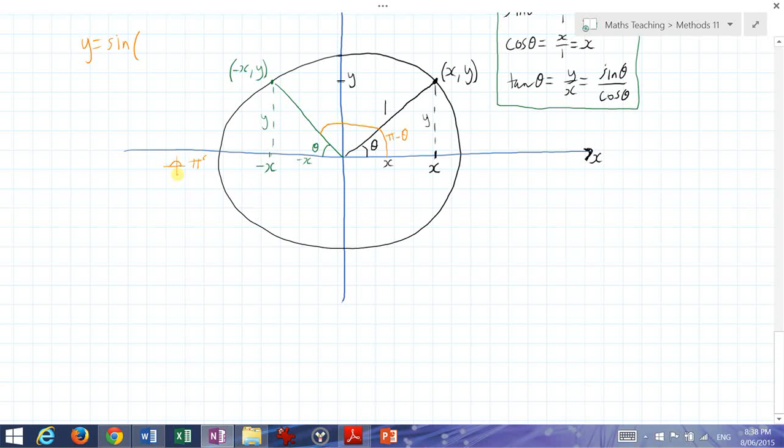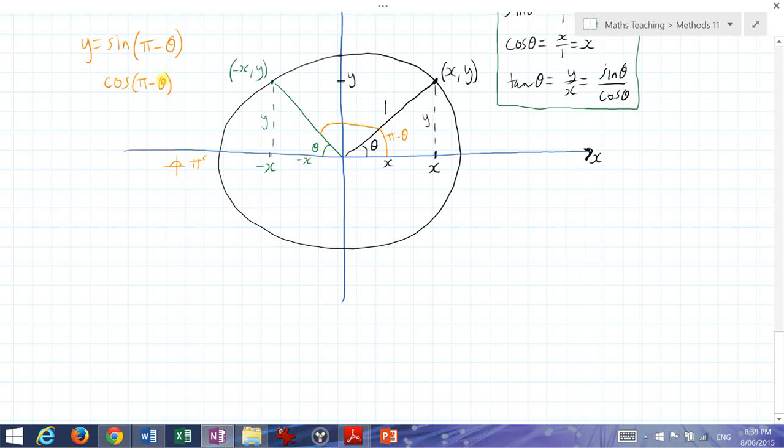Half a circle. So sine of the angle to get to there is going to give us the y coordinate. Sine of pi minus theta gives us the y. What does cos of pi minus theta give us?